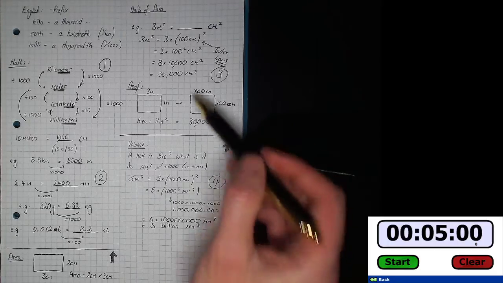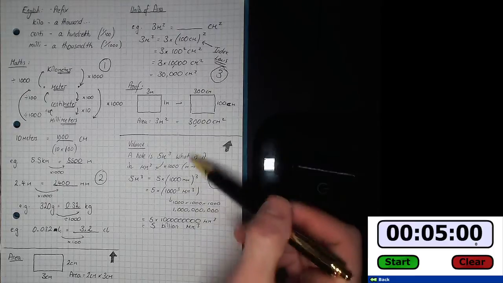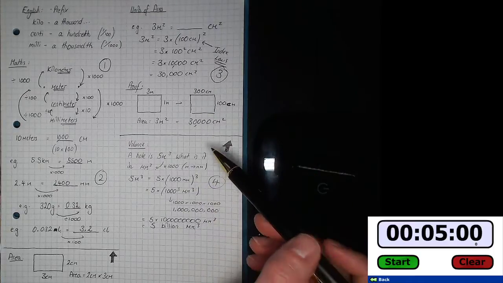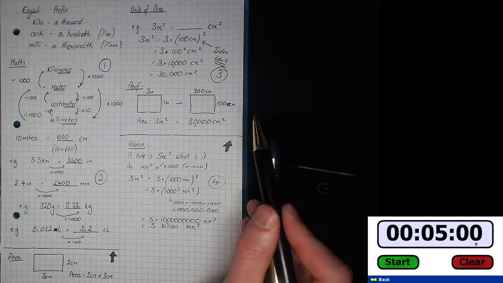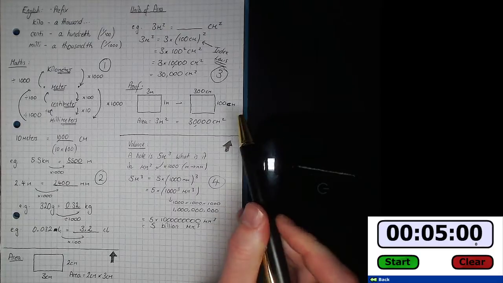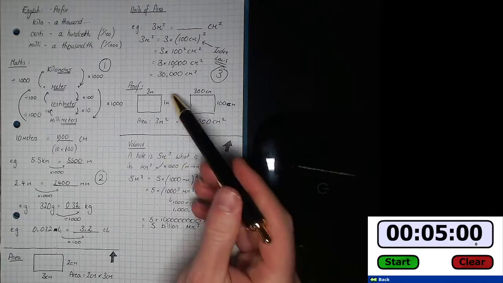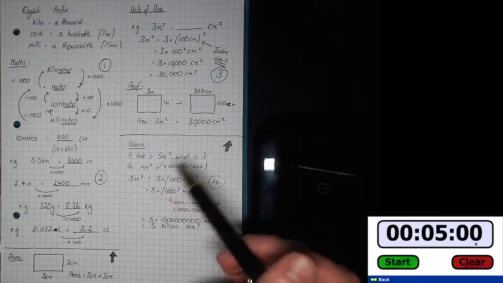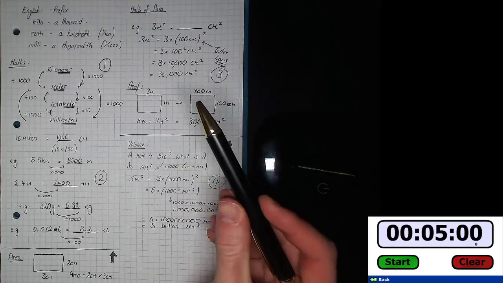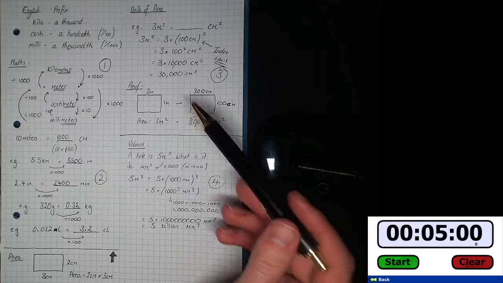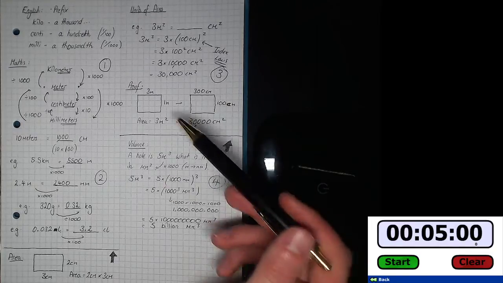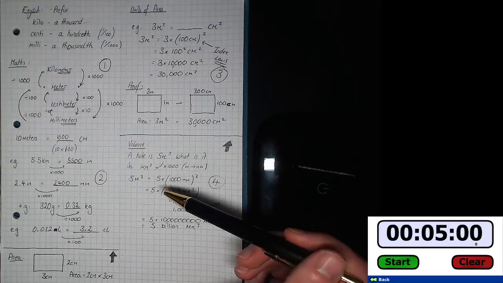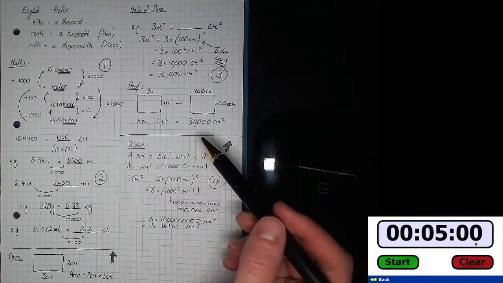Now these last little bits are normally your higher order skills on a foundation paper, in terms of what you can do with units. There are certainly other challenging aspects to a foundation paper, don't get me wrong, but in terms of units, this is generally as far as you will look to go on a foundation series.